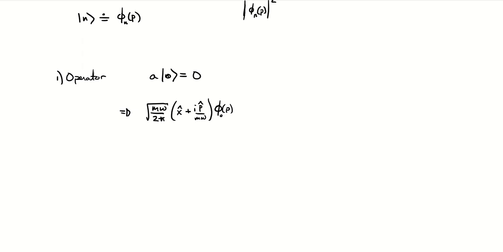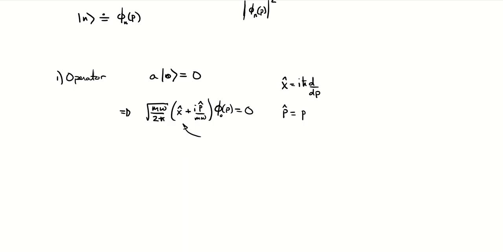The trick is that we have to realize what the x and p operators are in momentum space, not position space. They look somewhat analogous to position space: the momentum operator is just the variable momentum, and the x operator goes as the derivative with respect to momentum.